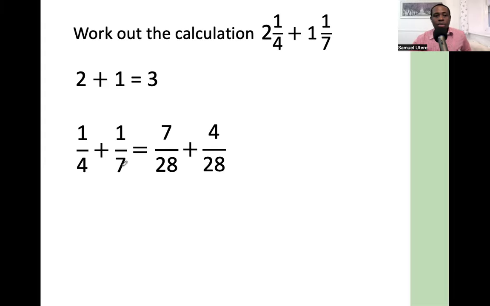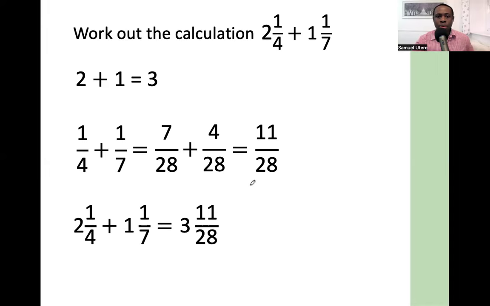And then we also need to multiply 1 by 4. Why? Whatever we do to the denominator, we have to do the same to the numerator in order to create an equivalent fraction. Now we can simply add the numerators and our answer will be 3 whole 11 over 28.